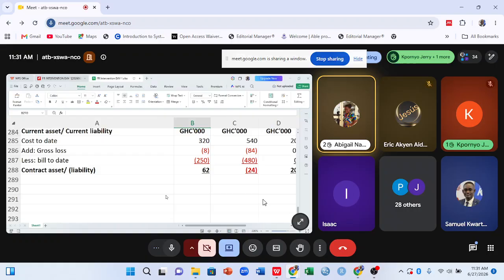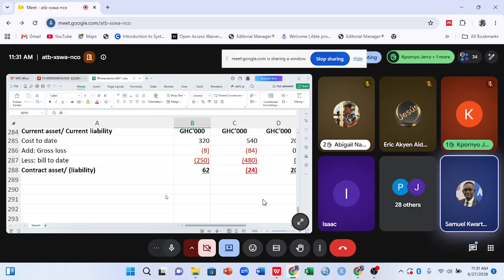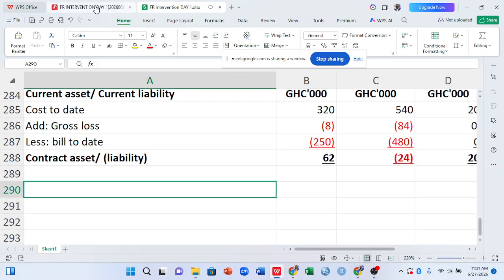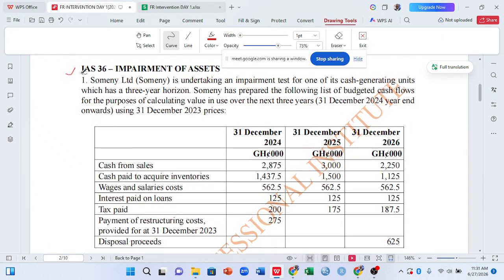Okay. Yeah, Jerry, your hand is up again. Jerry, your hand is up. Or is it from the previous one? Okay, hand is down now. Okay, so let's move on to the next one.